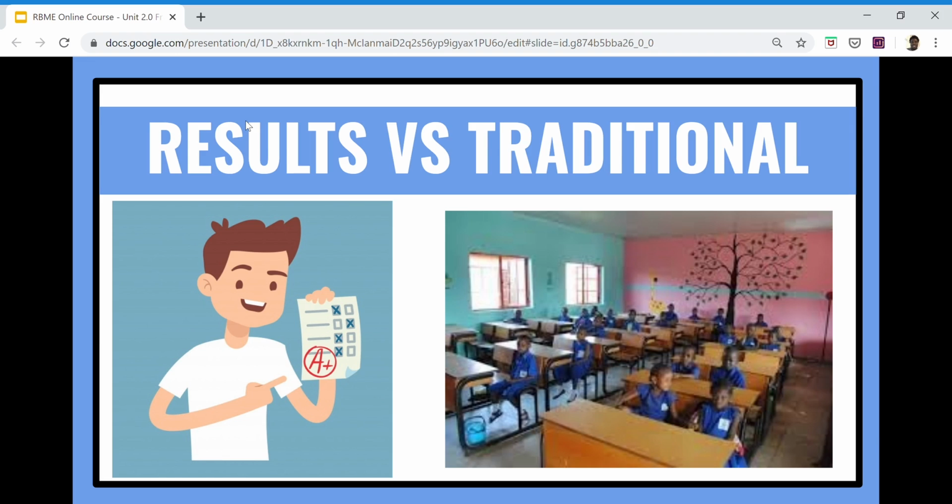But in the case of traditional monitoring, you want to be doing it almost every day. For example, in a program that hopes to improve the nutrition of small children in basic education, we can use the home-grown school feeding program as an example.